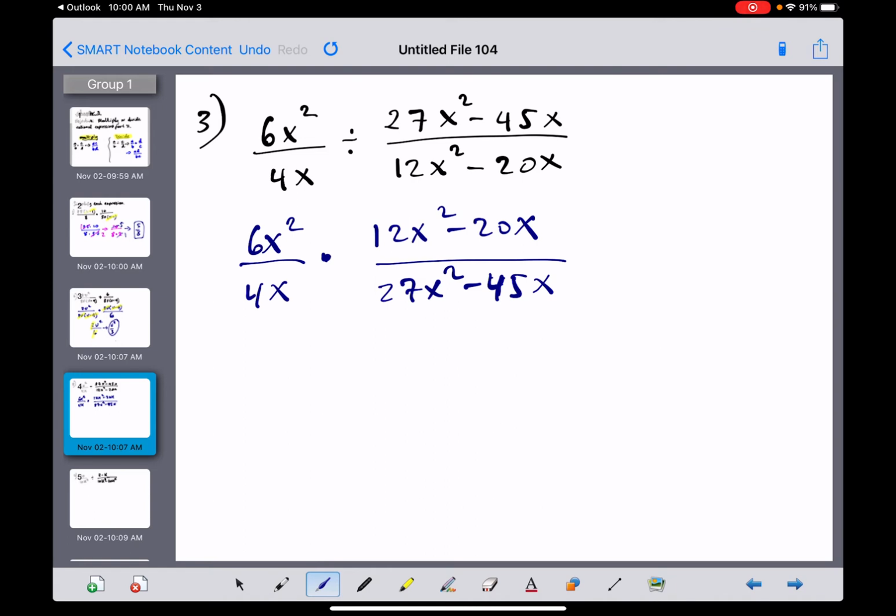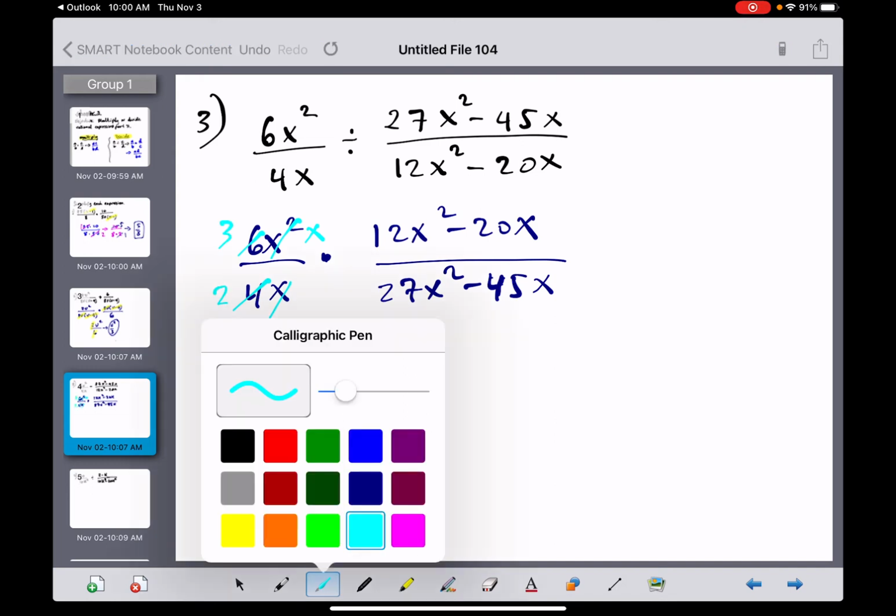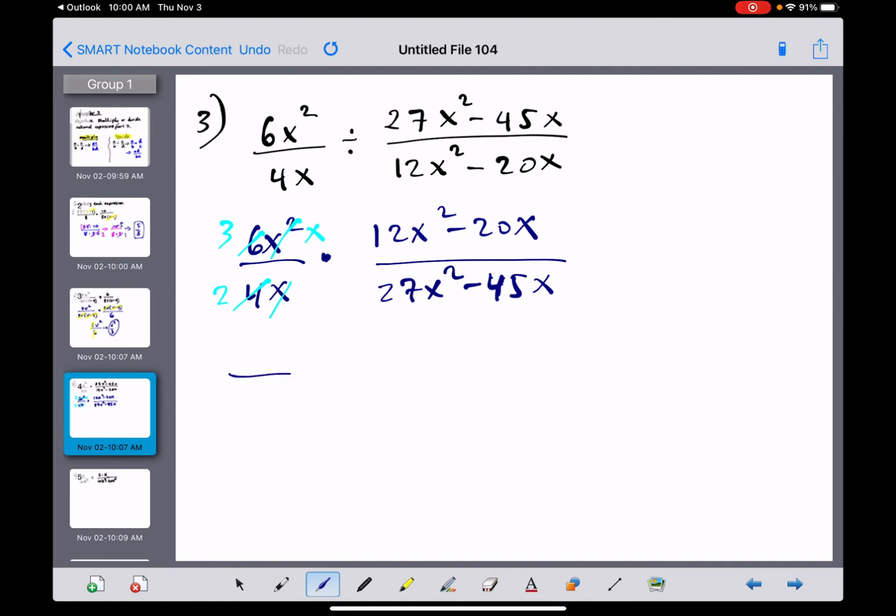But for the monomial, we're allowed to cancel. You see the x and the x squared, and the x is gone, right? So that means you have 1 x left. And then 6 and 4, that's 2 goes in here. So that means you have a 3 and a 2. So this part right here, you have 3x over 2, right?